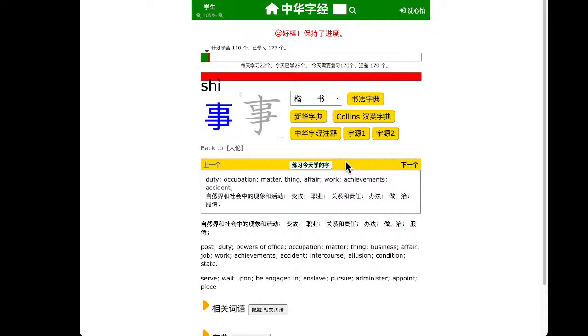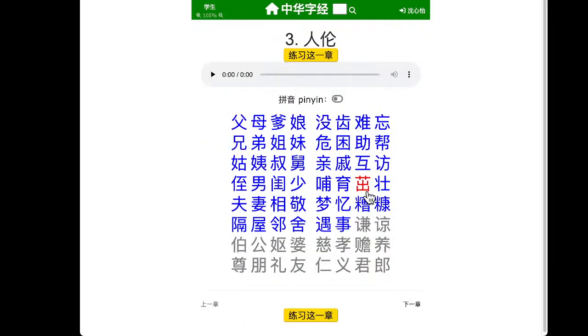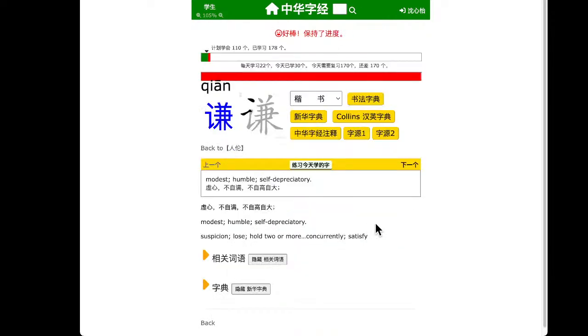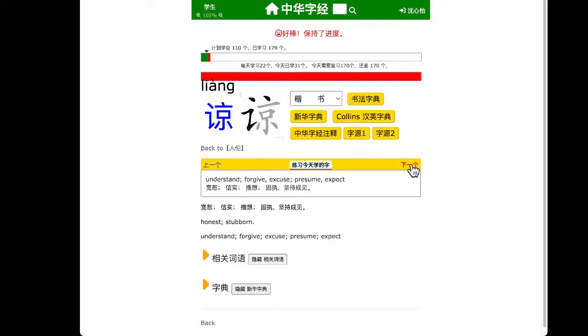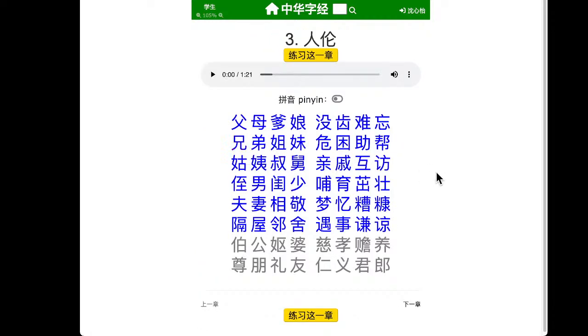Qin means modest or humble. And liang means understanding and forgiving. So 格物邻舍遇事谦亮.